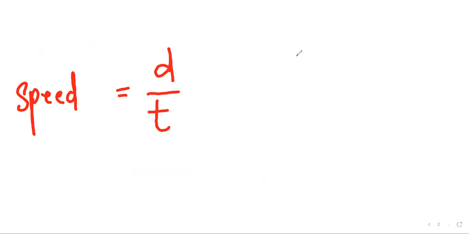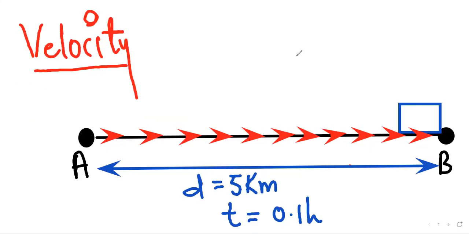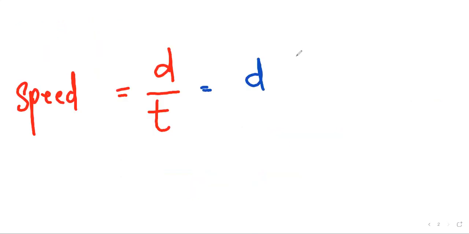Distance will have some direction, and I'm going to mention direction in this way. So this is the distance with some direction, and time has no direction, so it will remain as it is.